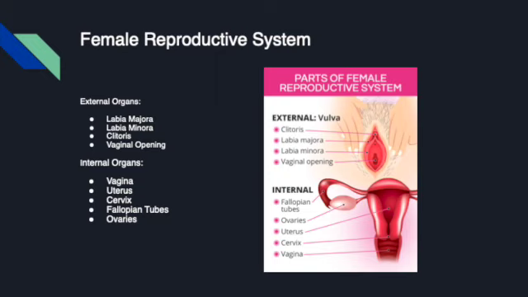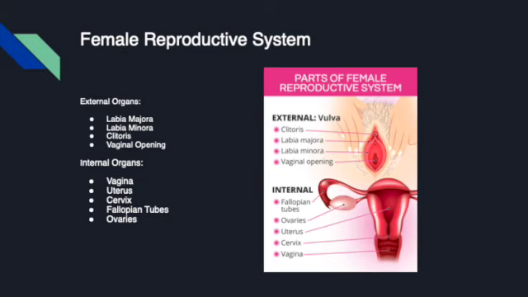And fourthly, we have the fallopian tubes. These are two tubes that extend from the uterus to the ovaries, which serve as a site of fertilization. And lastly, we have the ovaries. The ovaries are two small almond-shaped organs located on either side of the uterus, which produce and release eggs into the fallopian tubes.